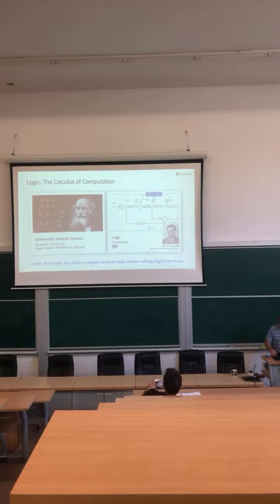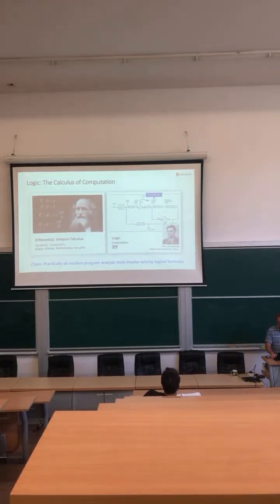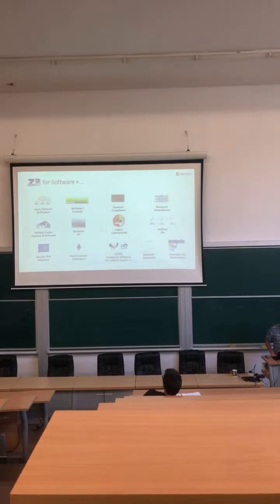For those we have tools. Z3 was developed specifically for software, but the interface to it is first order logic, and that turns out to be fairly generally applicable. So here's a set of tools and areas where it's been used over the years.